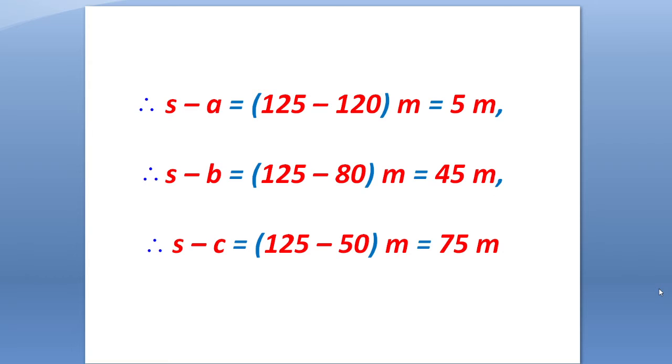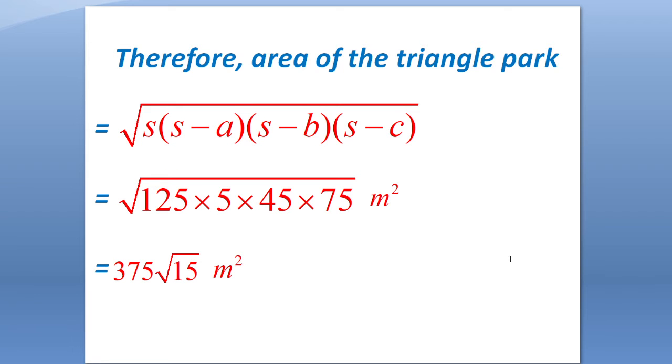So s minus a is equal to 125 minus 120, s minus b is 125 minus 80, s minus c is 125 minus 50. So s minus a is equal to 5 meter, s minus b is equal to 45 meter, s minus c is equal to 75 meter.